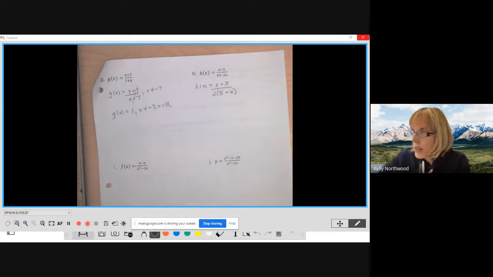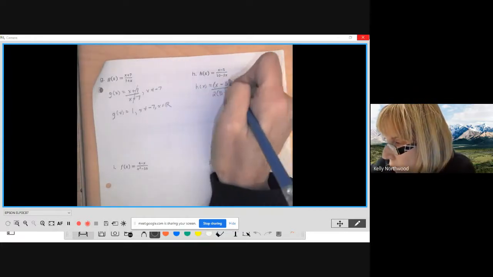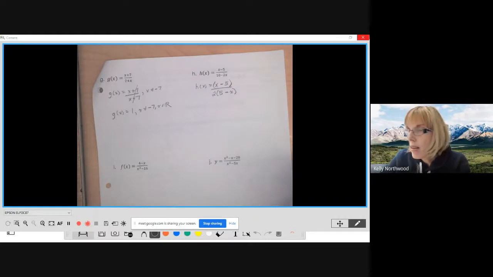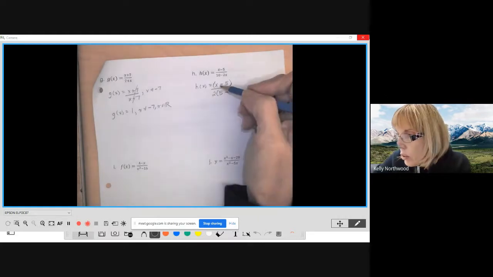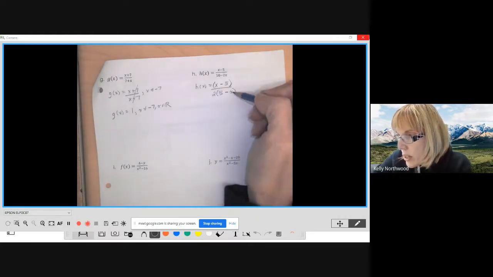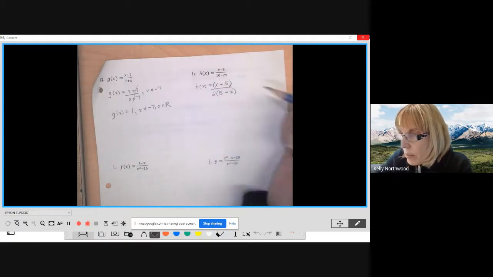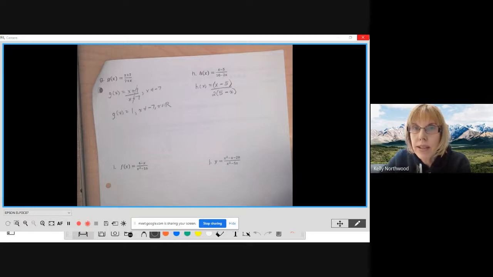So we're fully factored. If we look at it, x minus 5 and 5 minus x are opposites again. In the numerator, x is positive, and in the denominator, x is negative. In the numerator, 5 is negative, in the denominator, 5 is positive. So we want to use that identity.